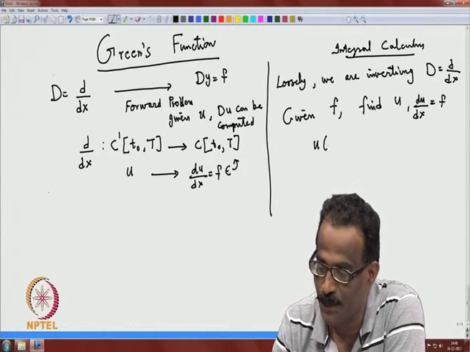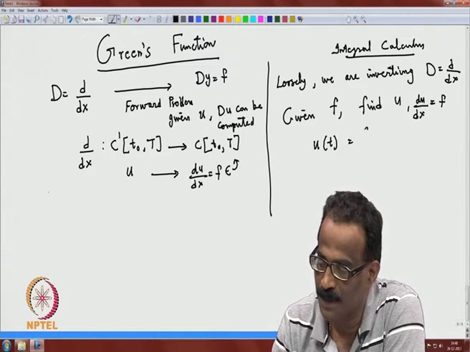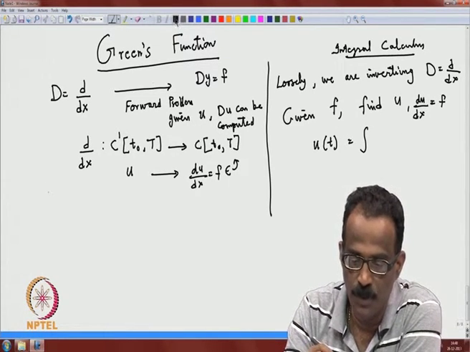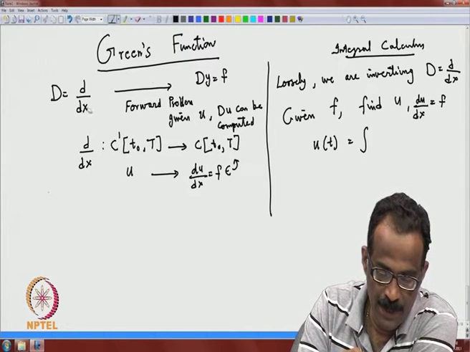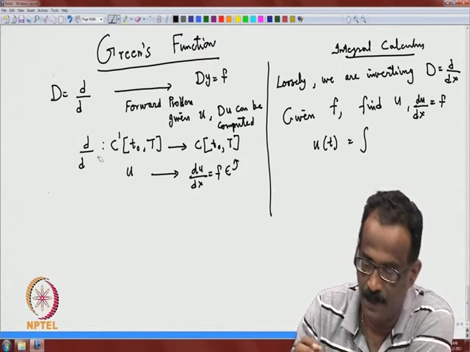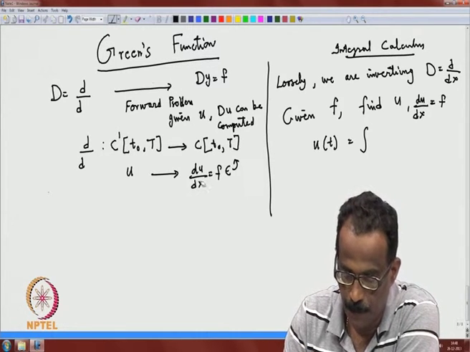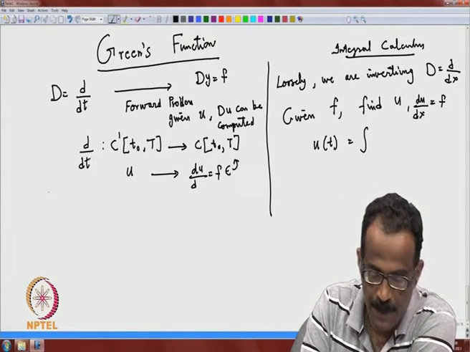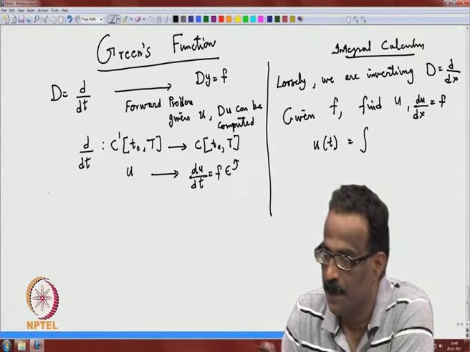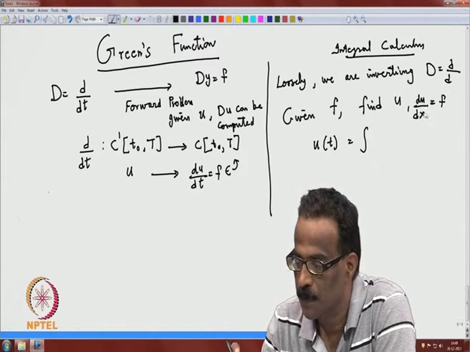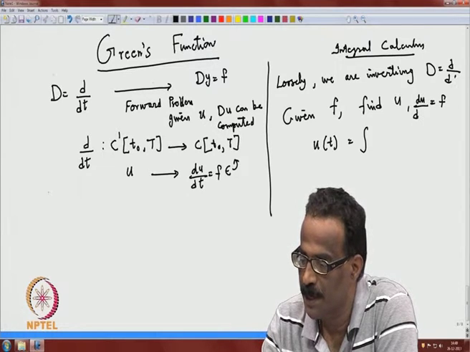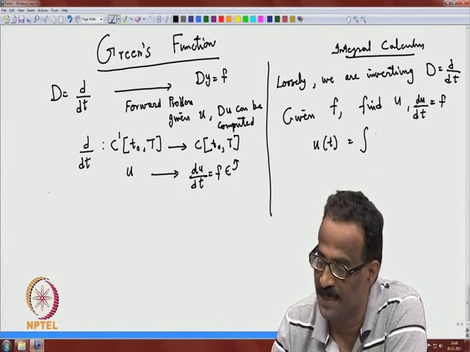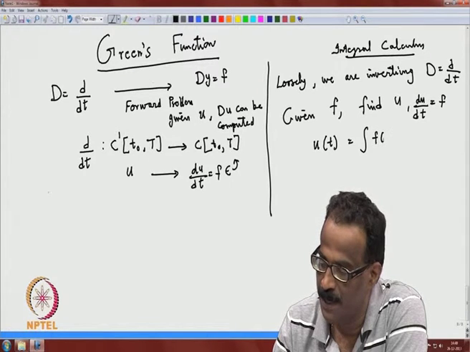You have calculated u of t; I have used t since I am throughout using t, so let me use d by dt. So you have du by dt, and this is formally represented by the integral of f of t dt.